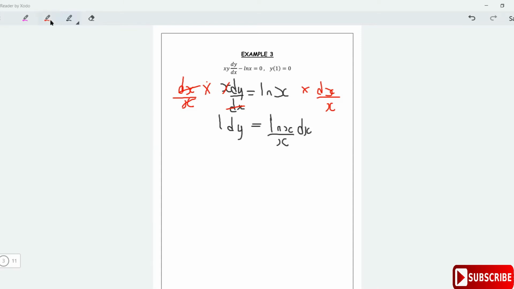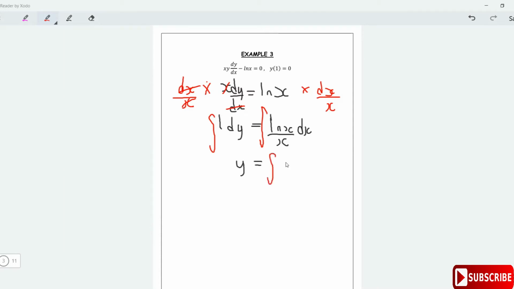Now, of course, we know the usual: we integrate both sides. The integral of 1 dy is y, and that is equal to the integral of ln x over x. I don't remember how we integrate ln x over x directly, but I know we can use u substitution.